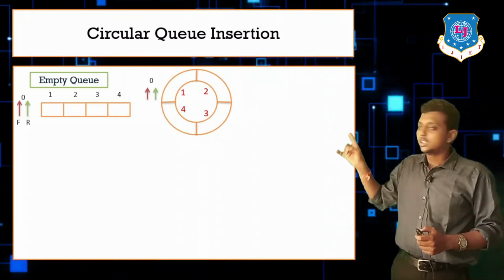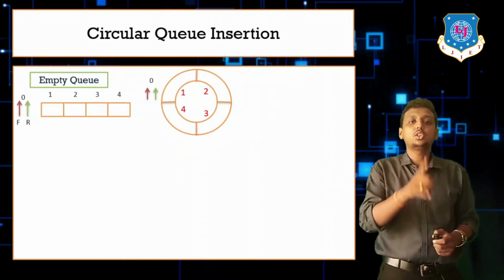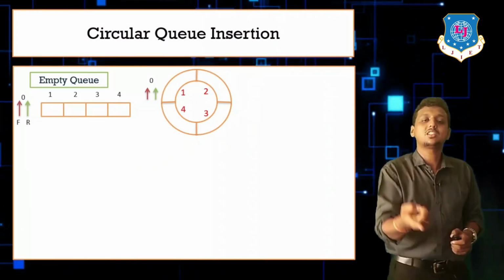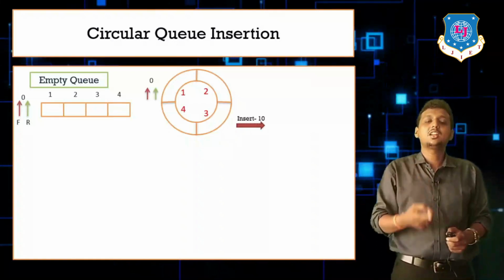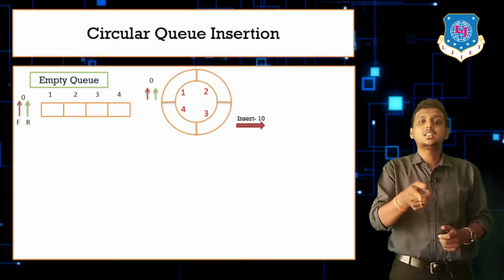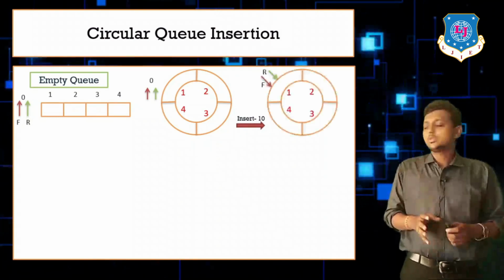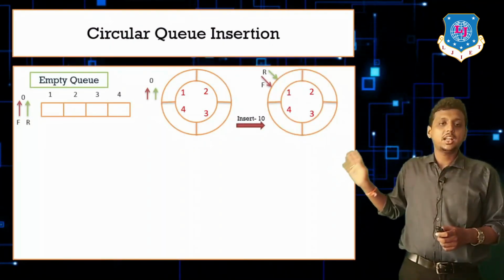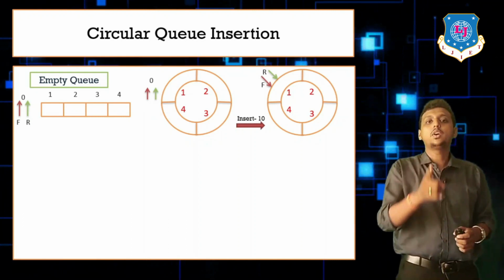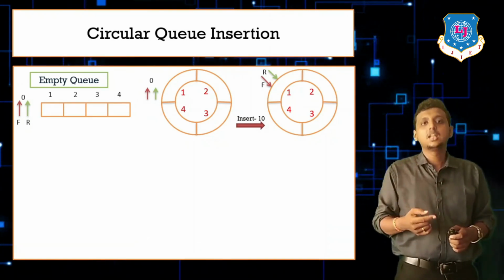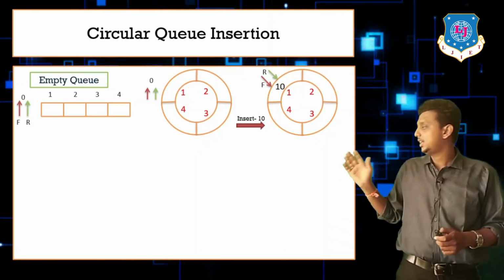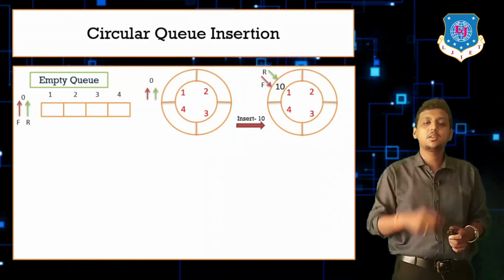My front and rear are both at 0. Now insert 10. That means the rear value goes to 1. What happens, students? Here you can see my front and rear are both pointing at 1, because I'm going to insert 10. After inserting 10, front and rear are both pointing at the same position.